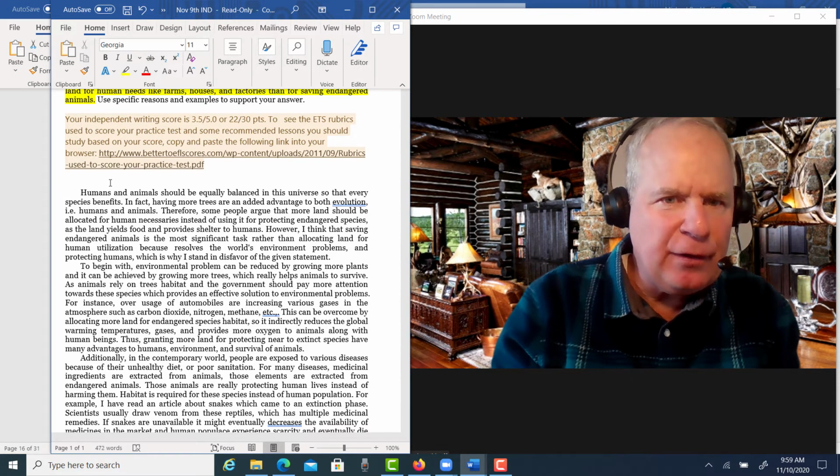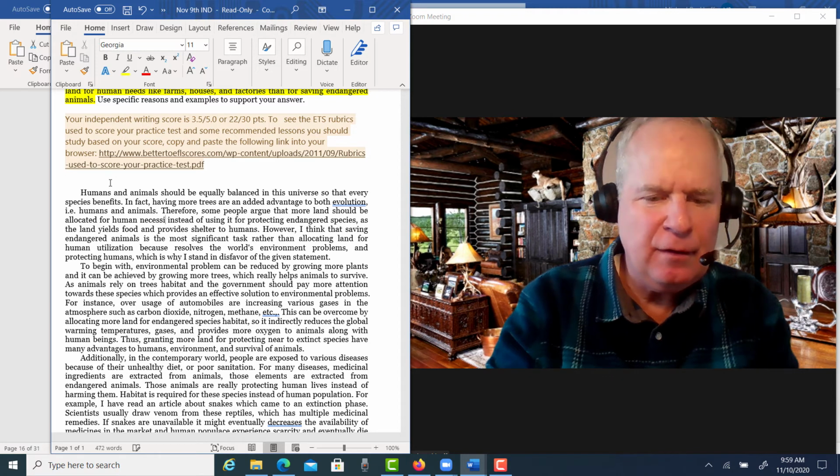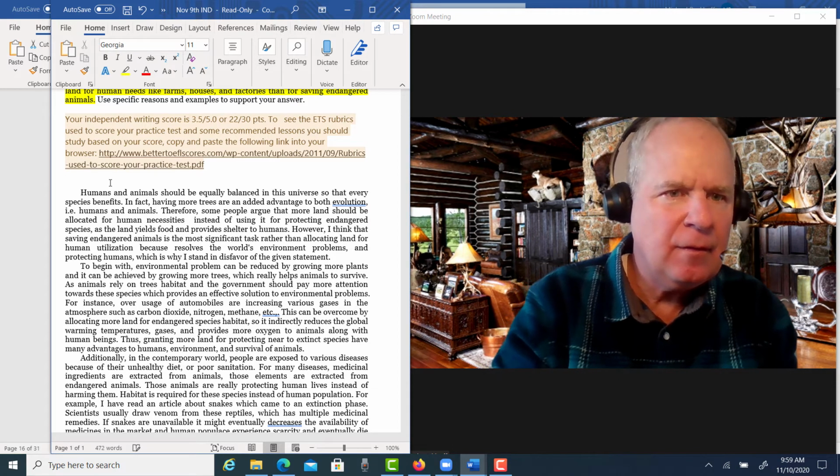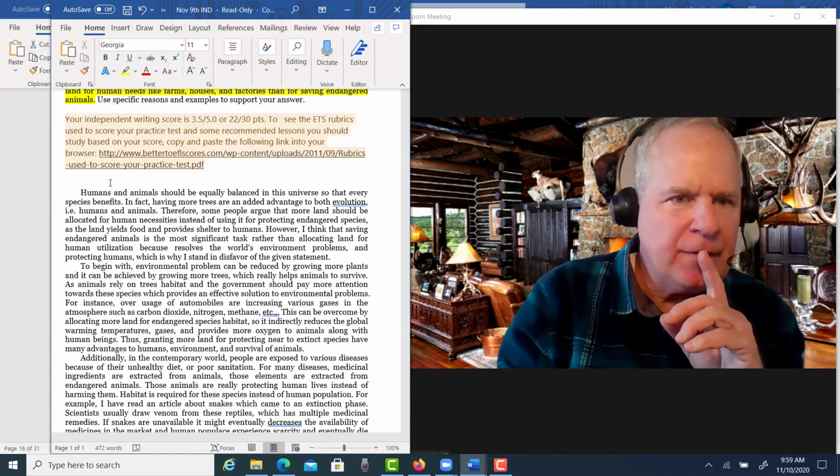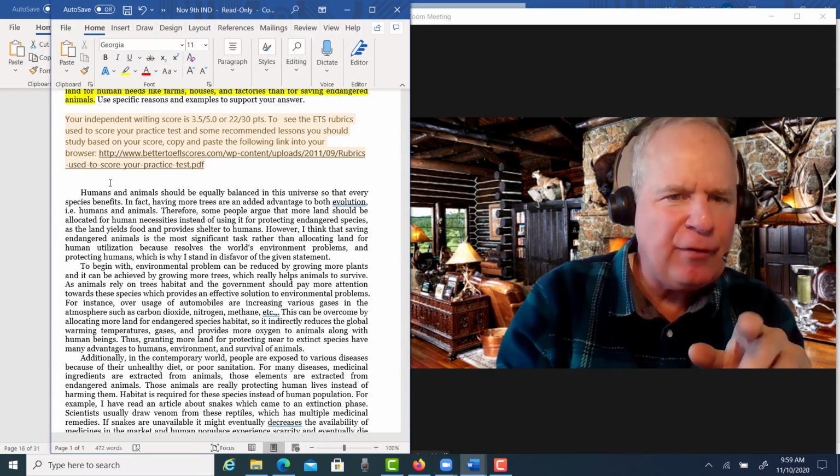Some people argue that more land should be allocated for human necessities instead of using it for protecting endangered species, as the land yields food and provides shelter for humans.